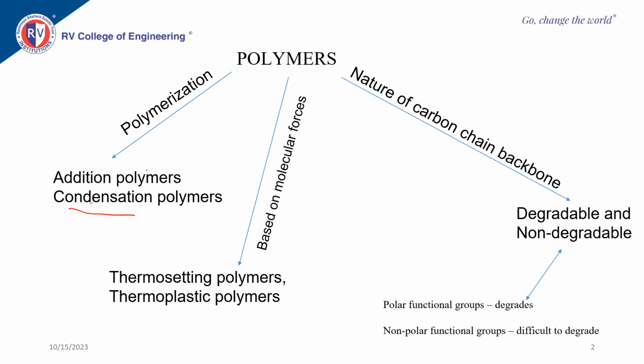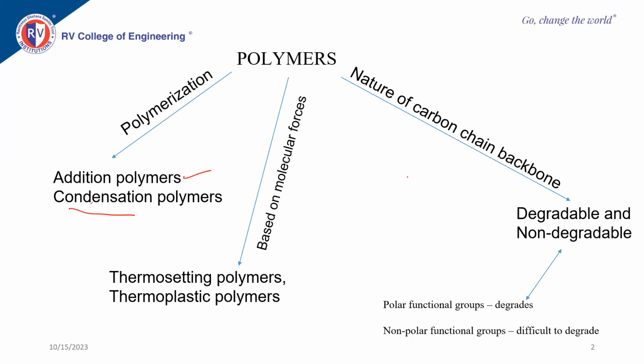In addition polymerization, you do not have such an instance; it's a mere addition of monomers. Based on molecular forces, polymers are again classified into thermosetting and thermoplastic. If, once you heat and allow it to cool, the polymer retains its hard state, you call it thermosetting. If it goes to the melt state, you regard it as a thermoplastic polymer.